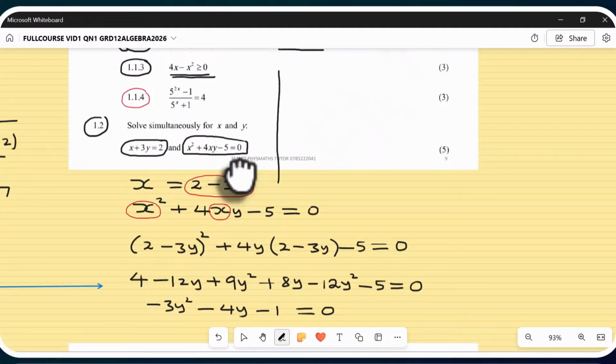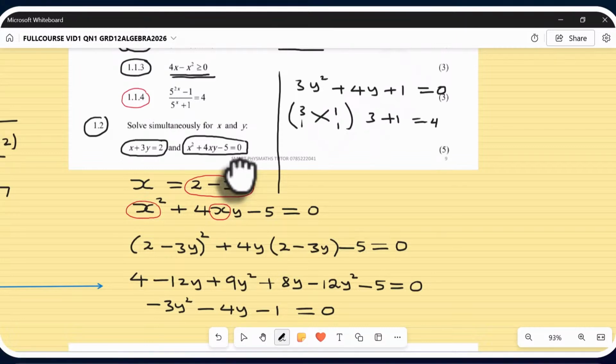So my factors are 3y plus 1 multiplied by y plus 1, equals 0. As you can see, y equals negative 1 over 3, or y equals negative 1.